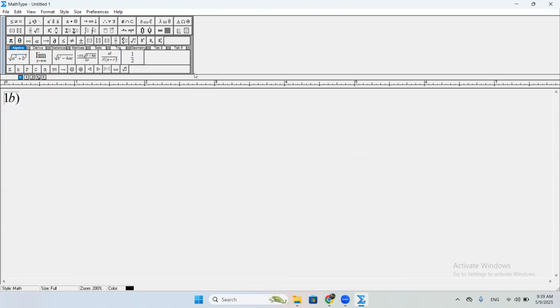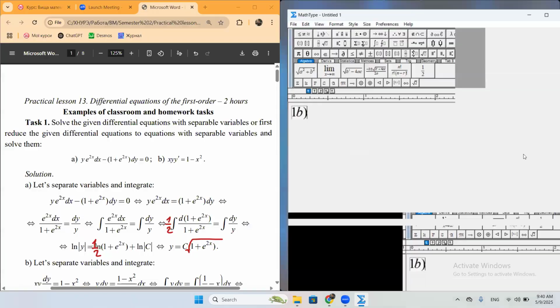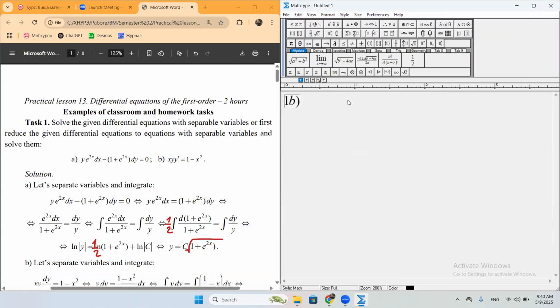1b. So the next equation, again, is an equation with separable variables. So let's start separating variables. Let me write down y prime as dy by dx.